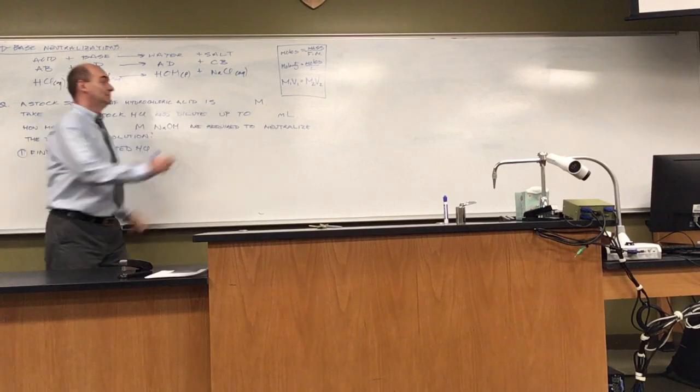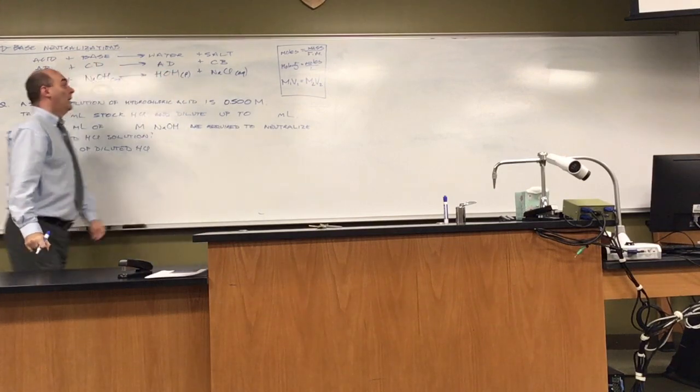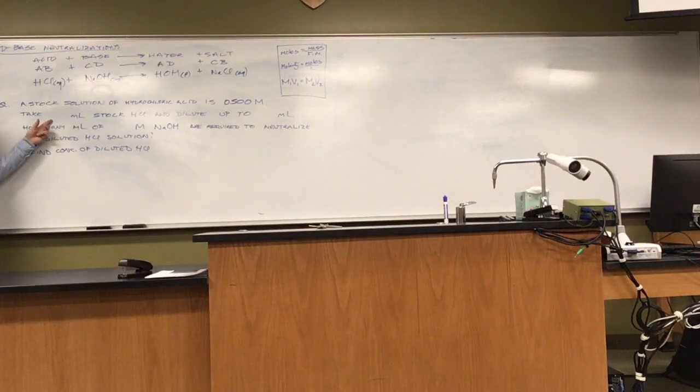Okay, what's going to be the concentration of our stock solution? 0.5. Good number. How many milliliters are you going to take out of that stock solution? And when it says stock solution, that means there's a great big jug of it in the stock room. So you can take however much you want out of it. 2 milliliters.